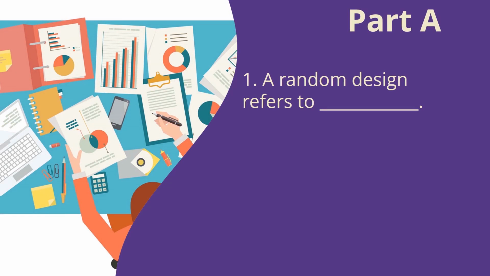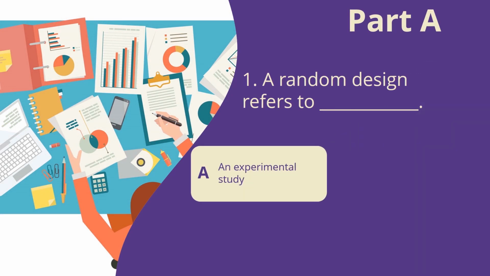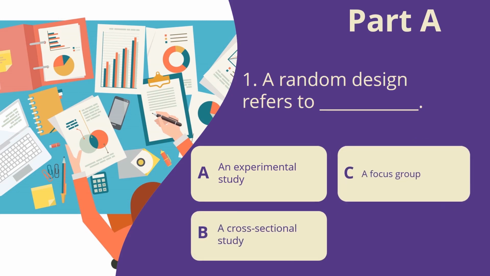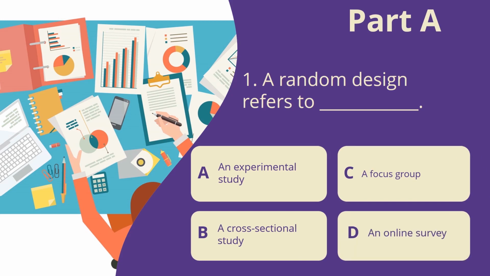Number 1. A random design refers to A. An experimental study, B. A cross-sectional study, C. A focus group, or D. An online survey.